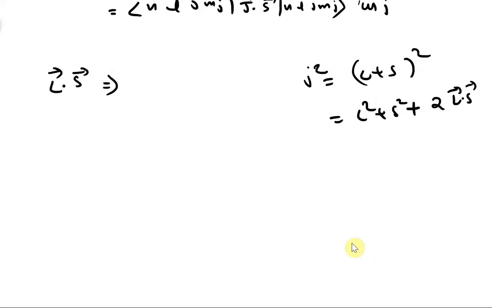Now you will get L·S from that, which is nothing but J² minus L² minus S², divided by 2. This is L·S.